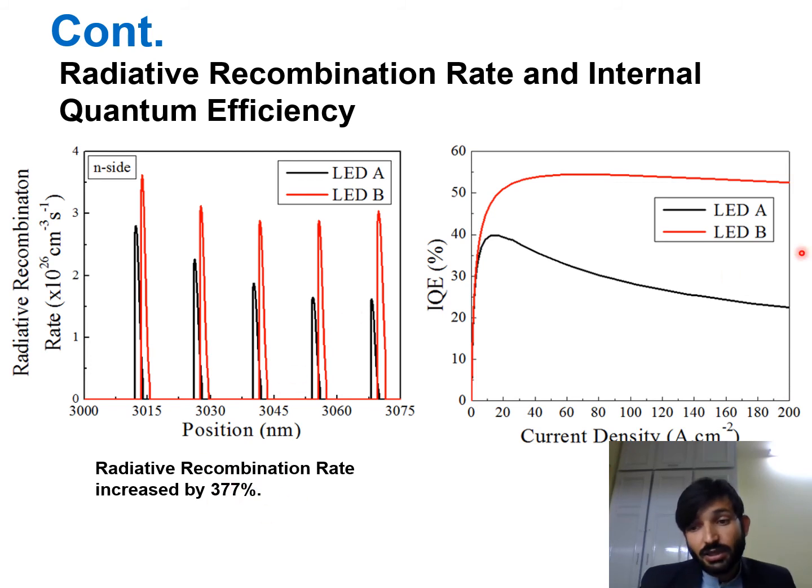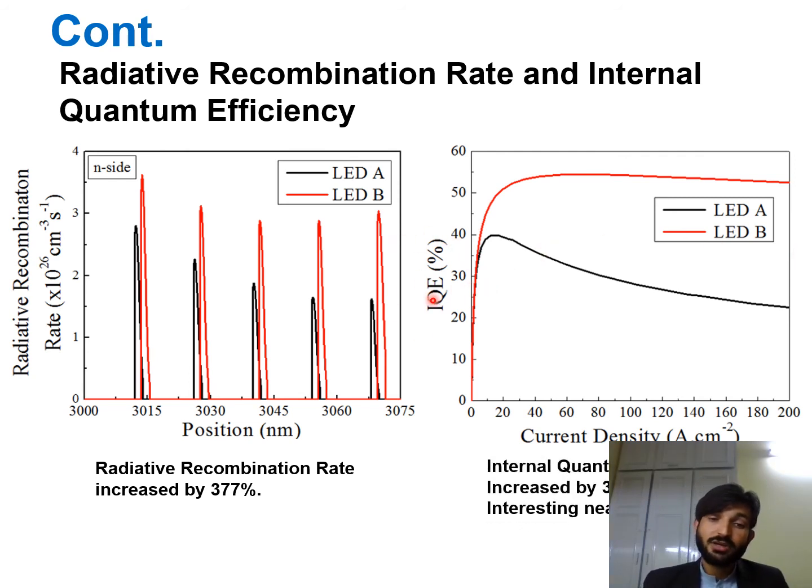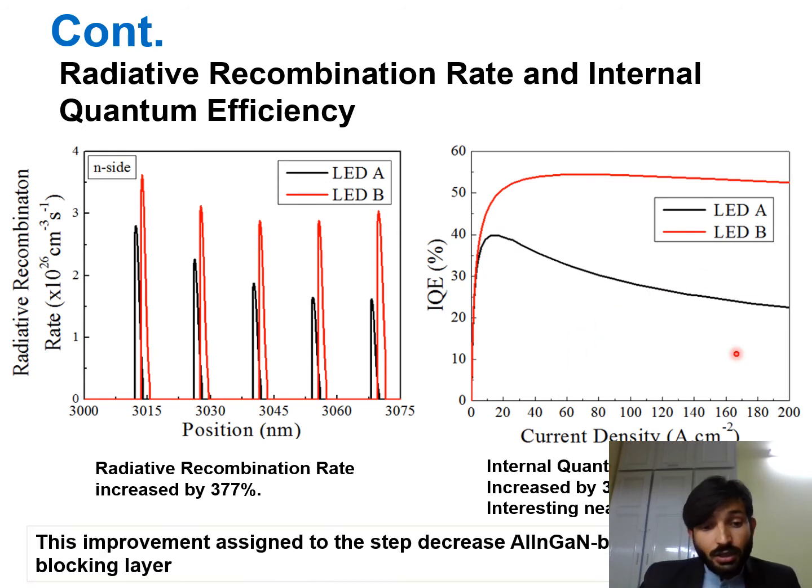Similarly, the internal quantum efficiency of the LED, which is a main parameter for the optoelectronic performance of LEDs, increased by 37%. And interestingly, the proposed LED is nearly droop-free. This improvement is assigned to the step decrease quaternary electron blocking layer.